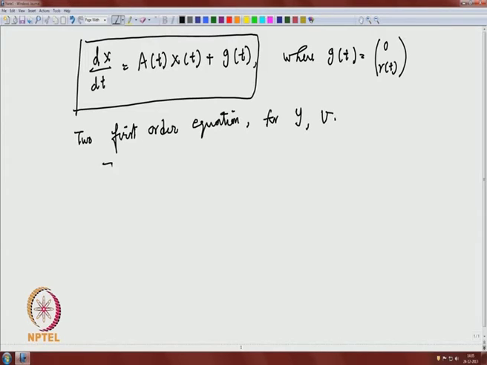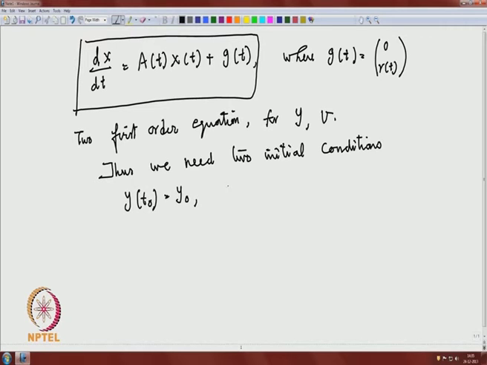Thus, we need two initial conditions: y at t naught equal to y naught, and v at t naught, which is the same as y prime at t naught, equal to y1.